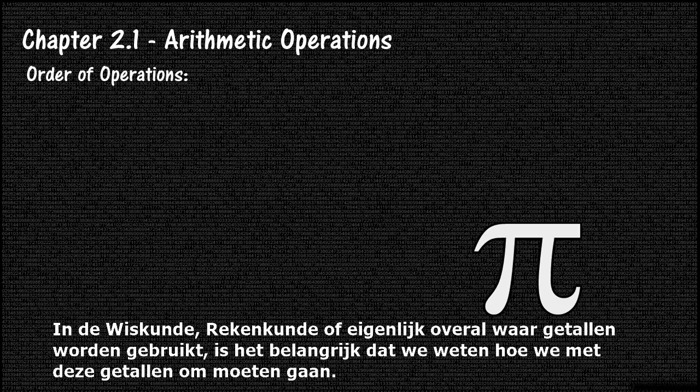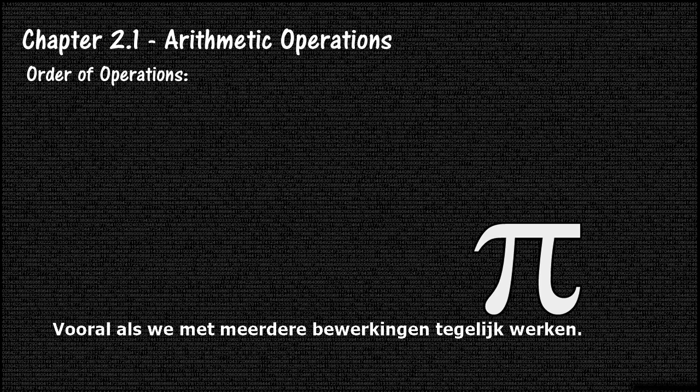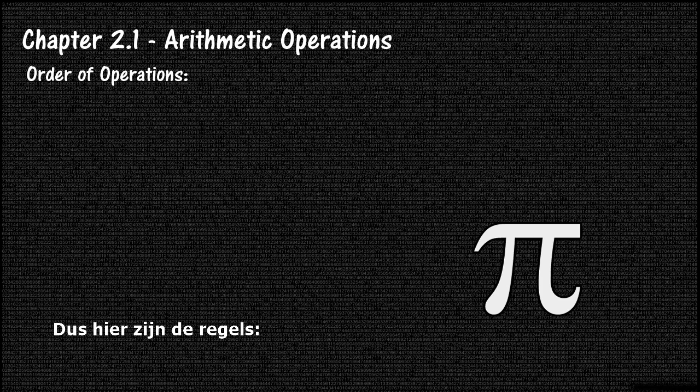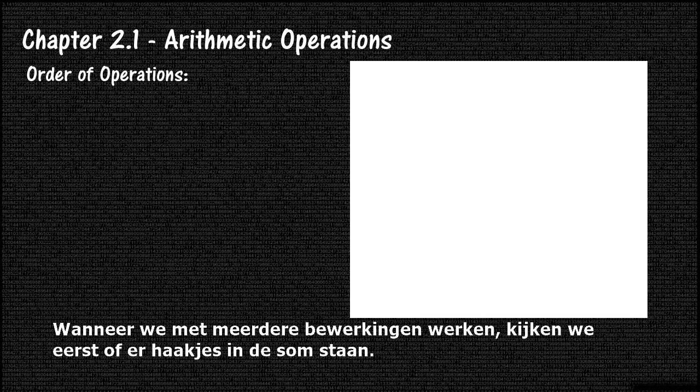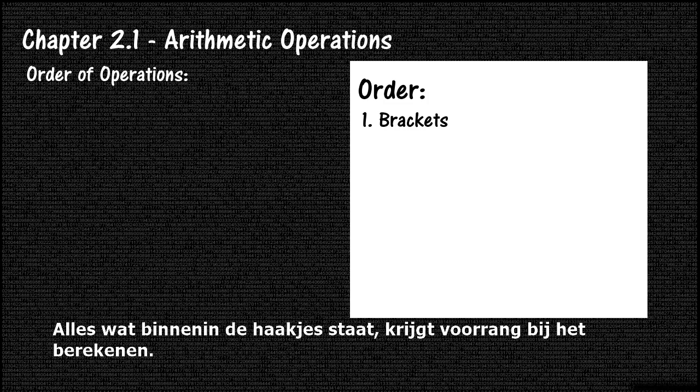In math, arithmetic and everywhere where numbers are, it's important to know how to use these numbers, especially when using multiple operations. So, there are rules. When working with multiple operations, we first need to look for brackets. Everything that's inside brackets gets prioritized when calculating.